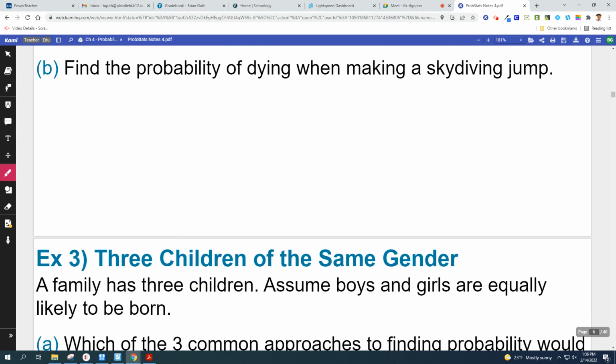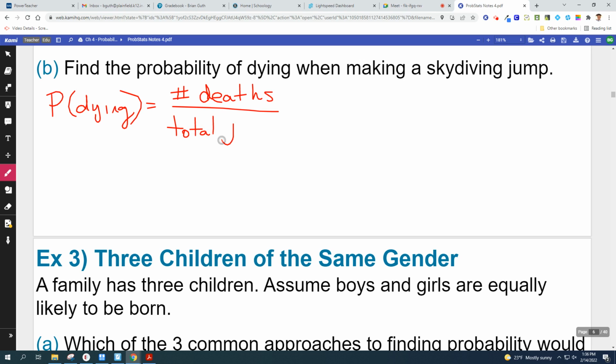Part B, find the probability of dying from a jump. I like to write it like this. Probability of dying equals the number of deaths over the total number of jumps. But that's just part over total, right?